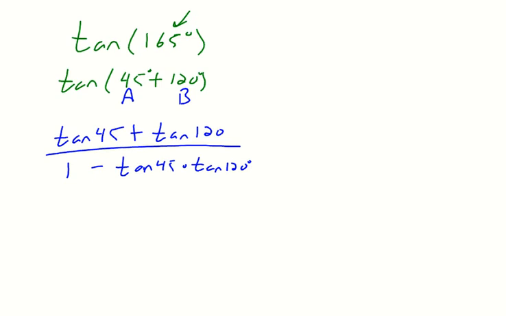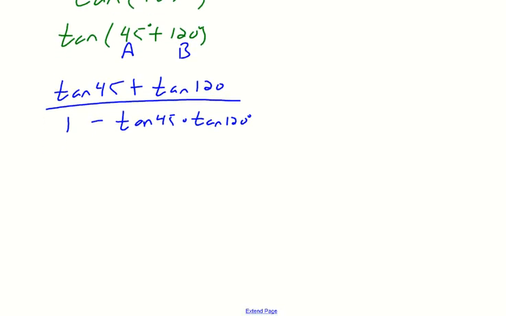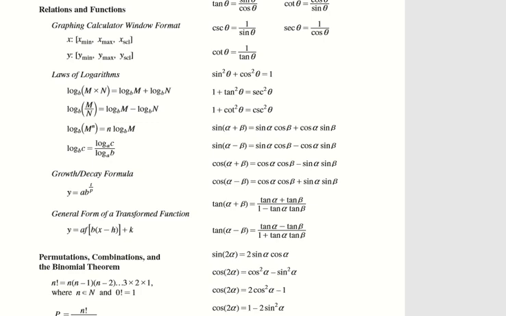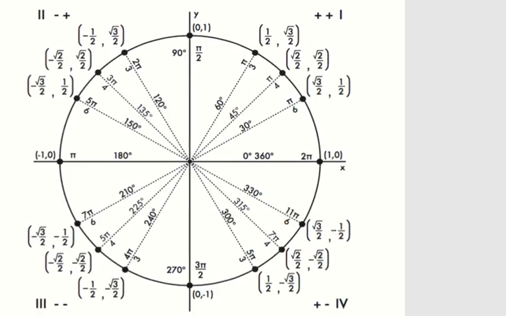Okay, so now tan of 45 degrees, that's an easy one. Both X and Y are the same length, so they end up giving 1. So 1 plus, now tan of 120. That is going to be similar to tan of 60, a similar thing.